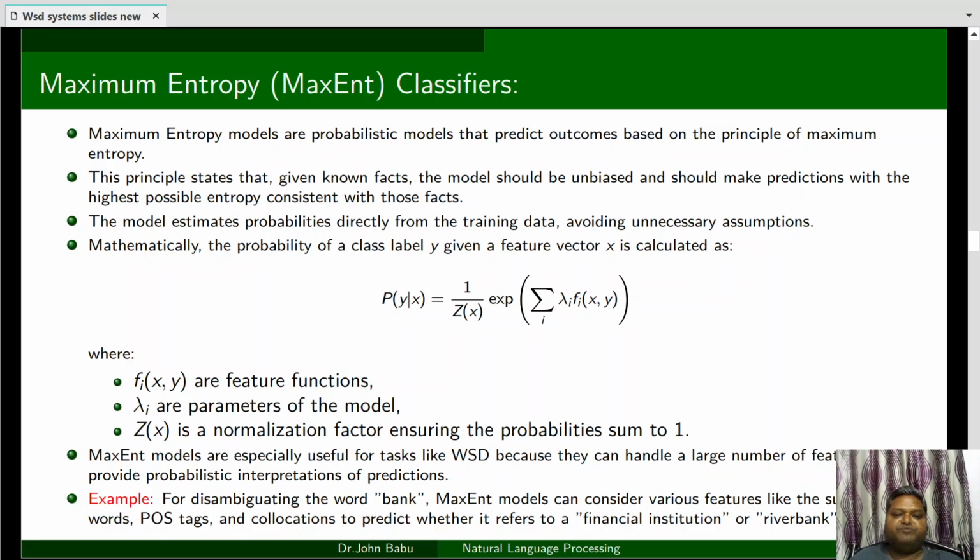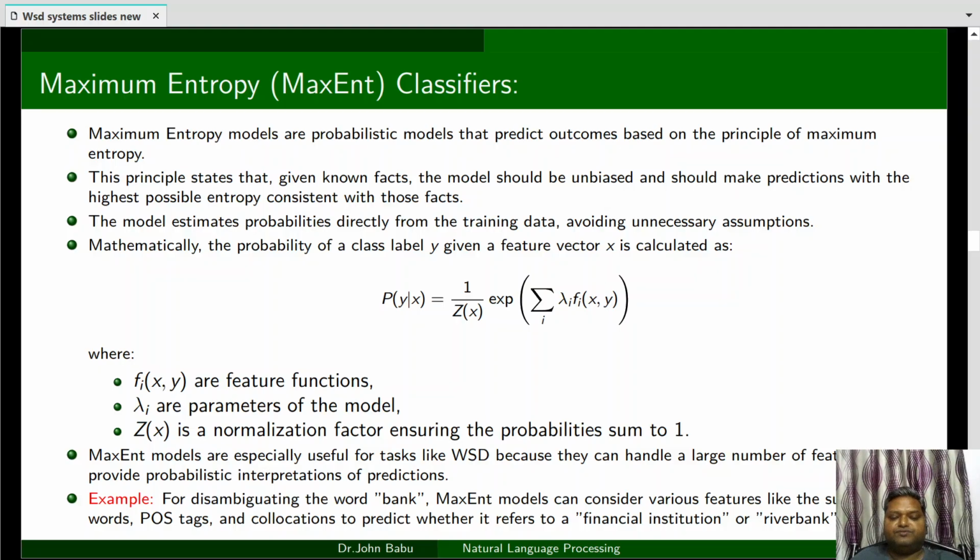Mathematically, we can evaluate the label y given the feature x from equation 1, with the normalization factor Z(x) and exp(sigma lambda_i f_i(x, y)), where f_i(x, y) are feature functions and lambda_i is the parameter of the model.